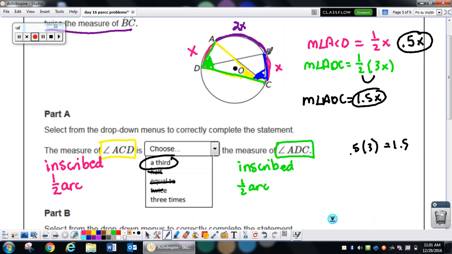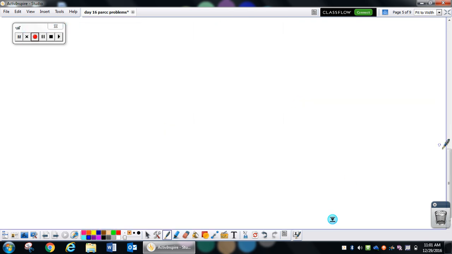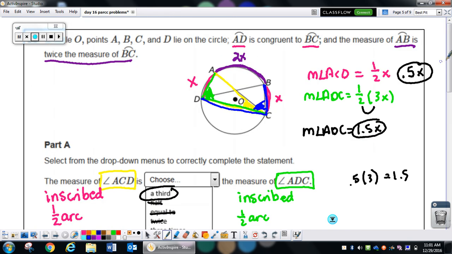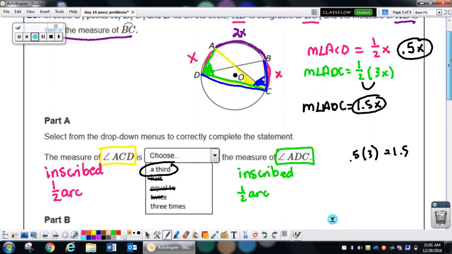It's also inscribed, and it's also made by an x and a 2x. So it's going to be half of 3x, which is 1.5x. So it's equal to. Okay? So again, this is what they are expecting you to be able to do.